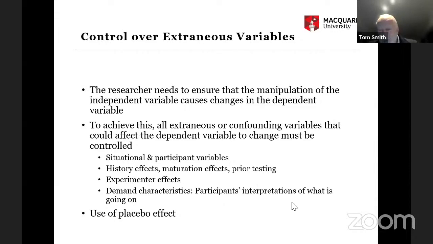So random assignment to one group, the control group versus the treatment group, is going to help a lot with controlling for the extraneous factors. And this is essentially what we're talking about, holding all else constant. Yeah? Holding all else constant.